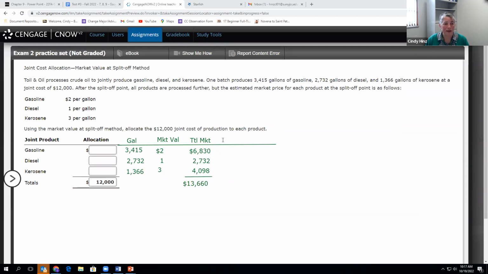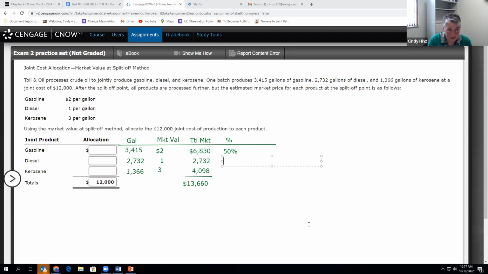And then we can find the percent of the total market value. So $68.30 is the market value of the gasoline at the split off point, divided by the total $13,660. 50% of the value of that product comes from gasoline.